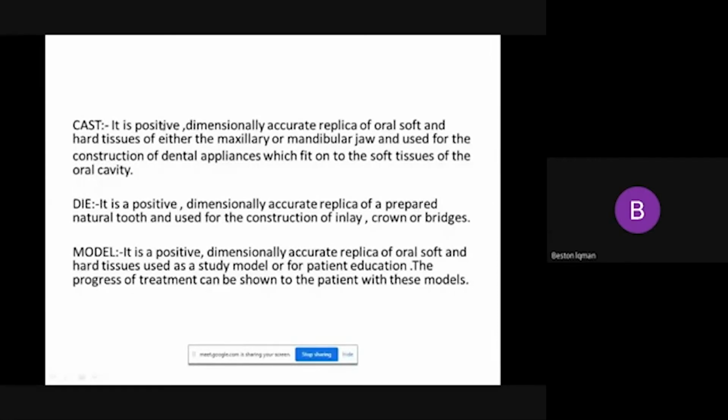The model is just to see the patient's progress of the treatment, for example from the beginning of the treatment, like a before and after photo. Before the work, take the impression and pour the impression in order to make the model. After finishing the treatment, take another impression to see the progress of the treatment.